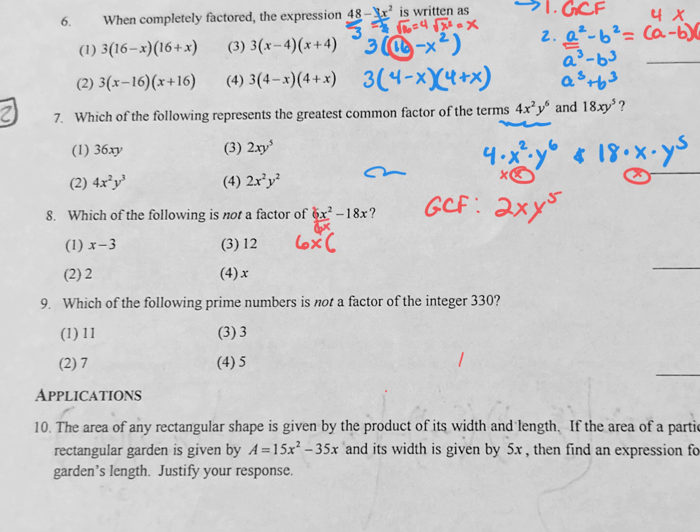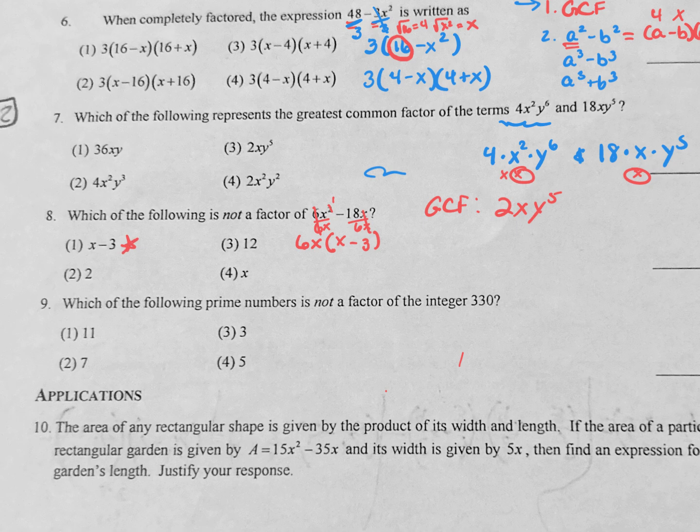The 6's would cancel. One of the x's would cancel. Divide this by 6x. 18 divided by 6 is 3, and the x's just knock each other out. So if I GCF this original problem, I can see the factors are a 6x and an x minus 3. So this one is a factor.